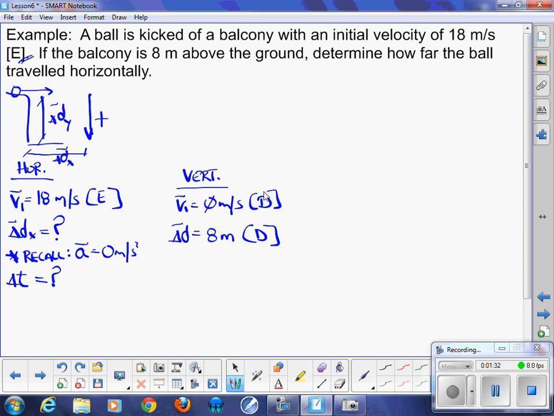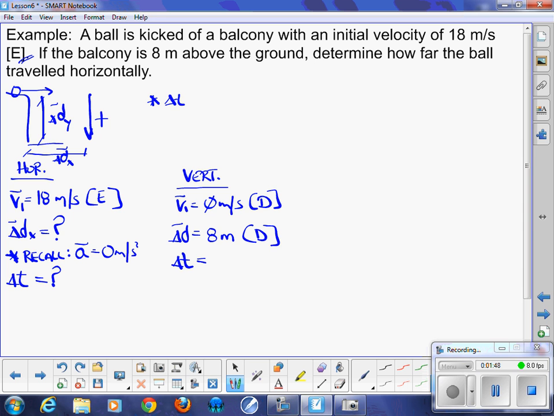So we need to be able to find delta dx, that's our final, and we need to find time. We need to be able to find that time from somewhere, and you're going to get it from the vertical information because time is constant, and it's the only one that can be shared between the two columns. All right?